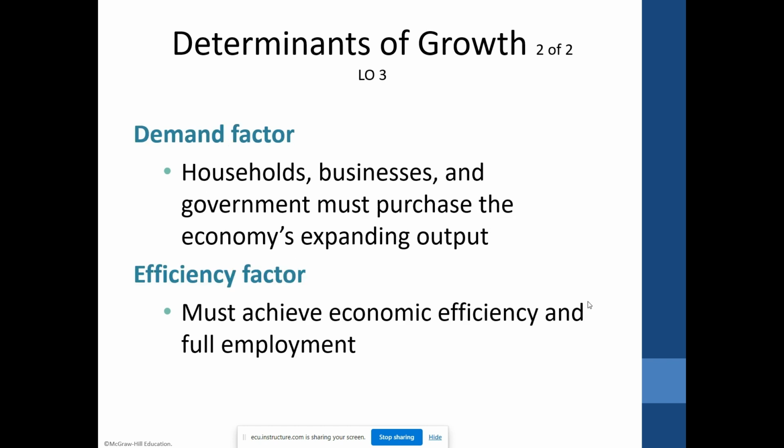The fifth determinant of economic growth is the demand factor. To achieve the higher production potential created by the supply factors, households, businesses, and the government must also expand their purchases of goods and services.